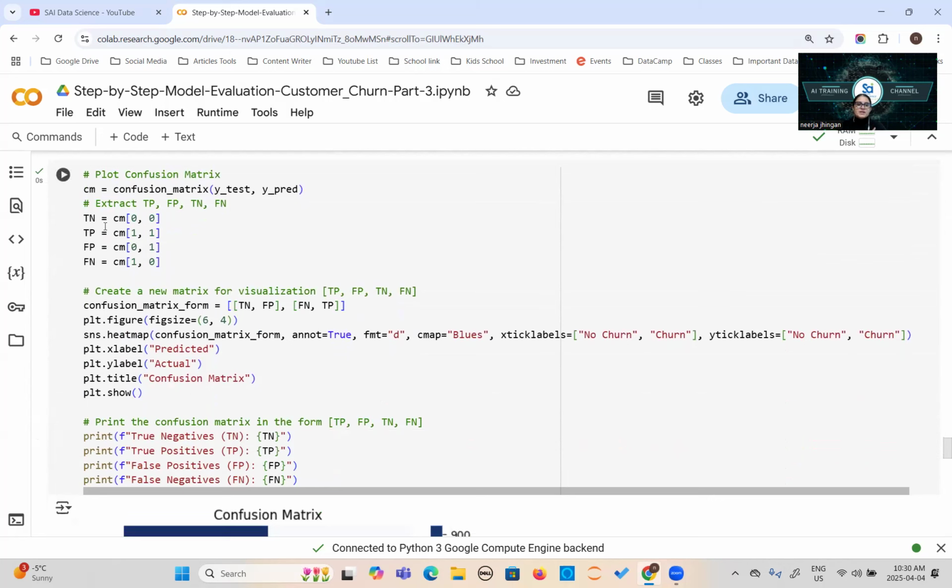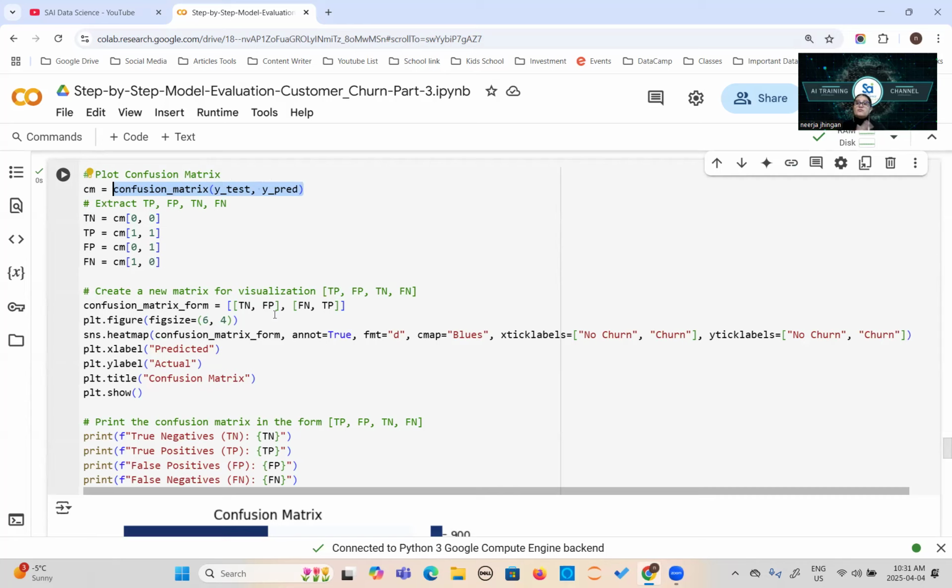Look at this. I have tried to draw your confusion matrix in a very good way. So we will declare here a confusion matrix. You need the Y test and Y prediction, because this is actual versus predicted. I have shown you this on the whiteboard, and here I have divided it so you can understand the values we need to print: how many true negative cases, false positive.